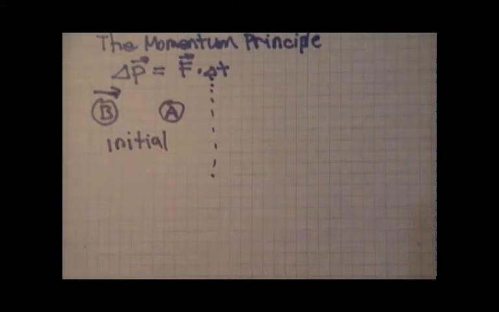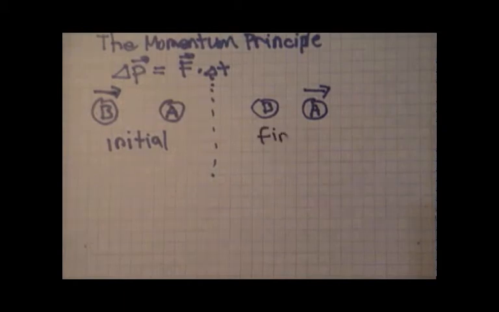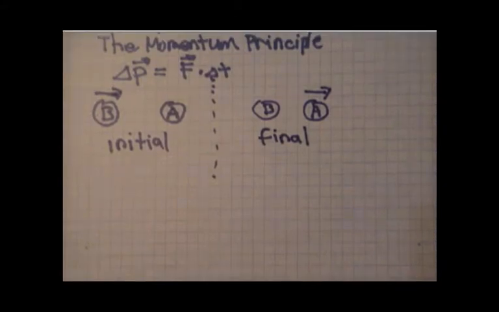Then the balls collide, and after the collision, what we notice is that ball B has come to rest, and ball A has acquired some momentum. So we're going to call this the final. So initial is before the collision, and final is after the collision.